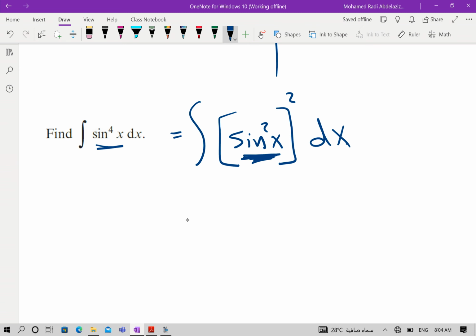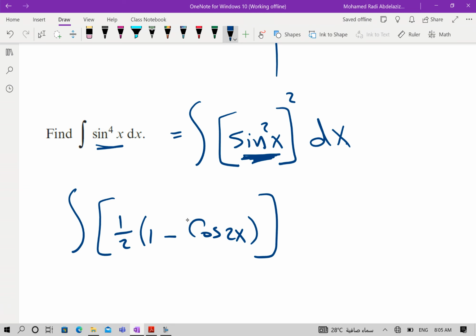Today we discussed how to remove sine squared and get the identity which includes cosine. It will be 1 over 2 times 1 minus cosine 2x, all to the power of what? Of 2.